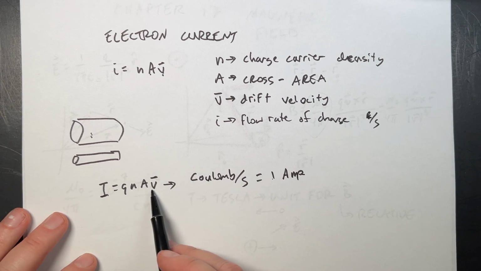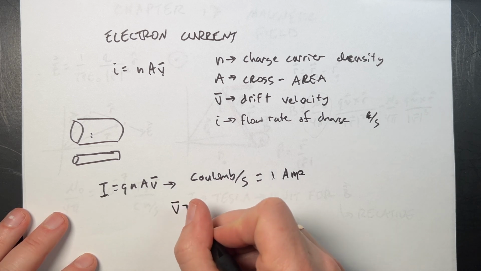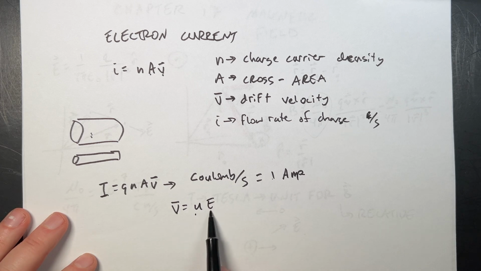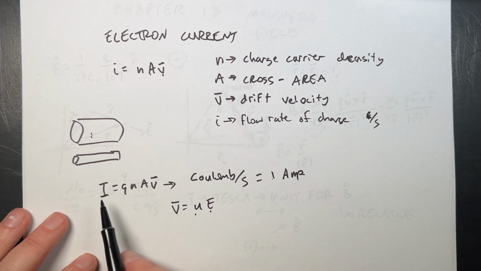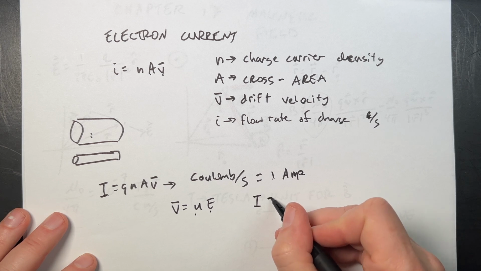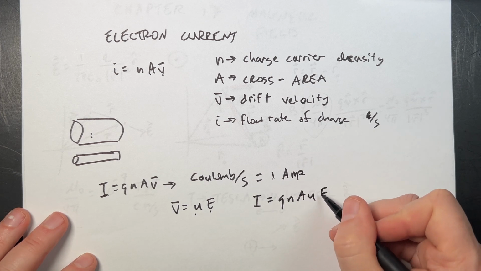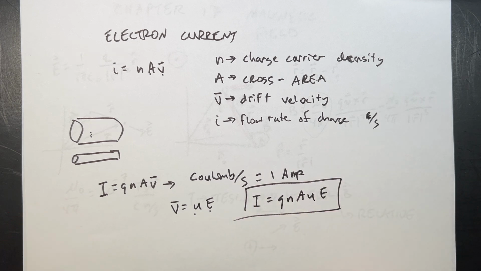Now, we already said that the drift velocity inside of a metal depends on the applied electric field. So drift velocity is u times E, the electron mobility times the value of the electric field. So if we put all that together, we get I equals q n A u E. It looks bad, but it's not really bad, and it's all fine. And this is the conventional current.